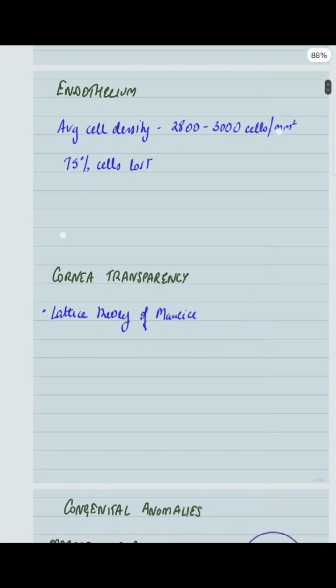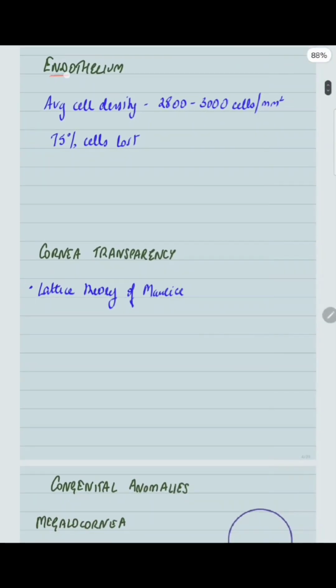Then next is the endothelium. It is a single layer of flat polygonal epithelial cells, and it is actually misnamed as endothelium. Average cell density is 2800 to 3000 cells per millimeter cube. Cell density decreases with age.